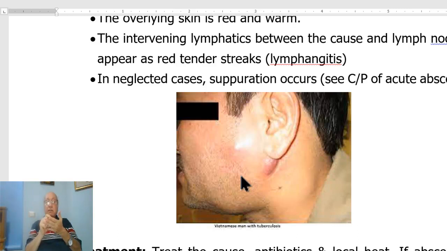Therefore, tertiary syphilis usually causes acute septic lymphadenitis due to infection of the gumma.